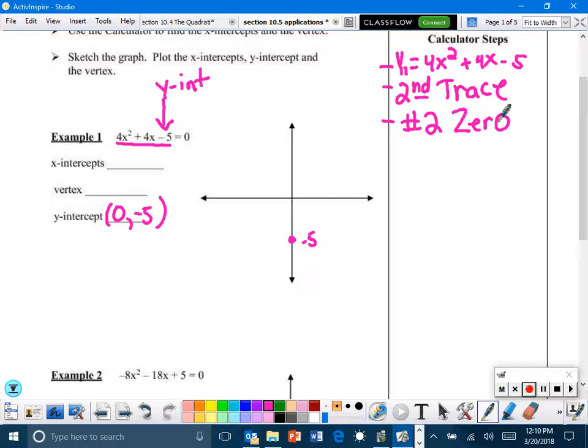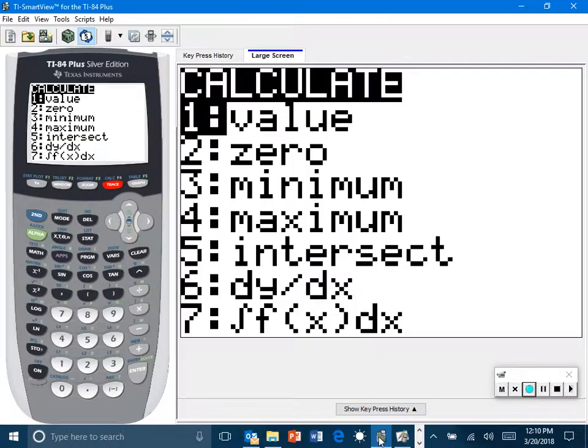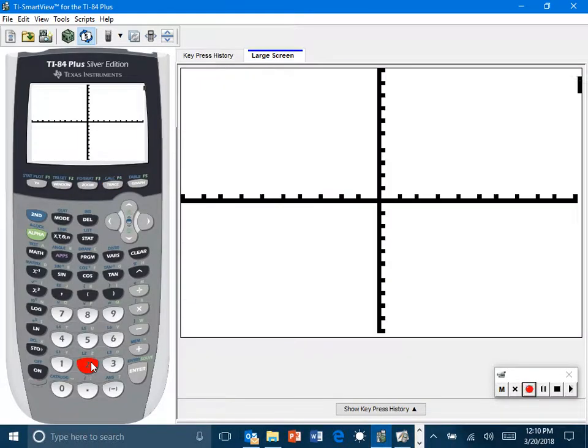That is also known as the x-intercepts. Please realize zero means x-intercepts. So we're going to go back to the calculator, and we're going to pick number 2, zero.